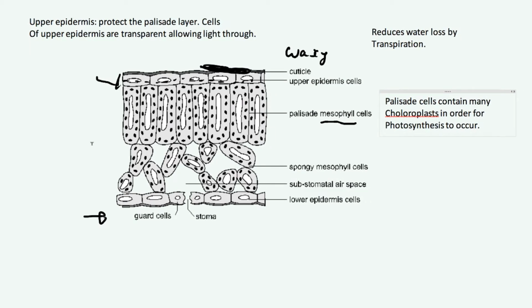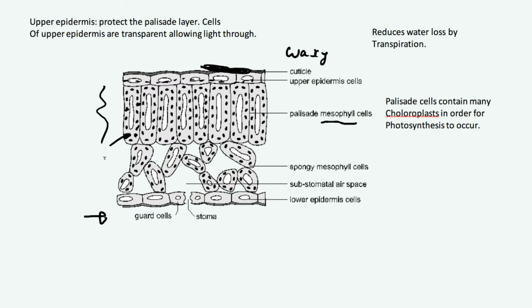That is the main role of this layer here. The palisade mesophyll is where the majority of photosynthesis is going to be happening because you can see all these tiny dots here. These are all chloroplasts. All of those are going to be carrying out photosynthesis.